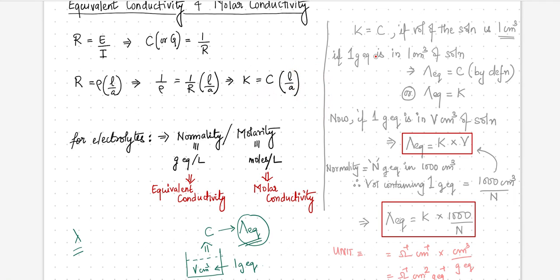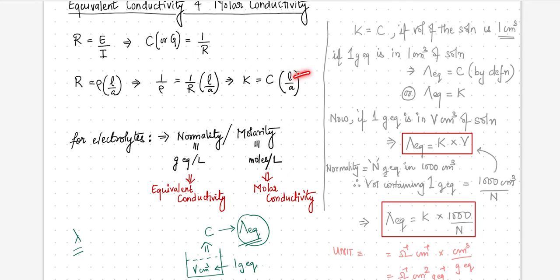Now, keeping that in mind, consider an electrolytic solution having a concentration of 1 gram equivalent in 1 centimeter cube of solution, and suppose the dimension of the electrolytic cell is 1 centimeter cube.